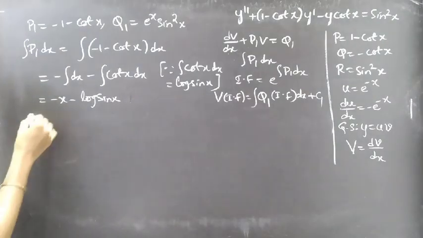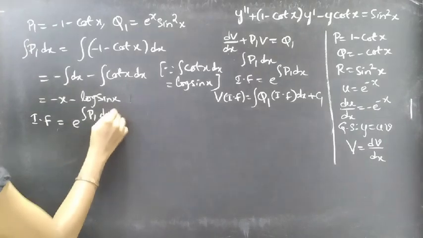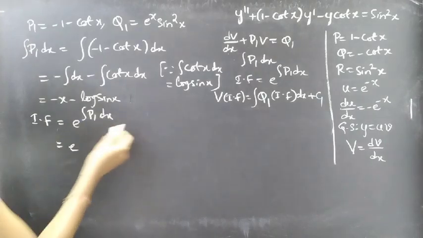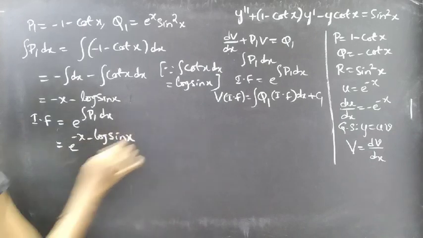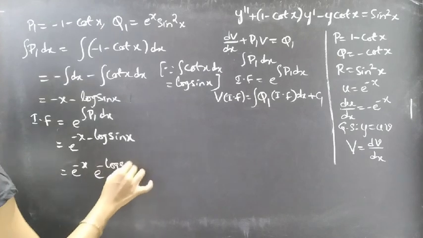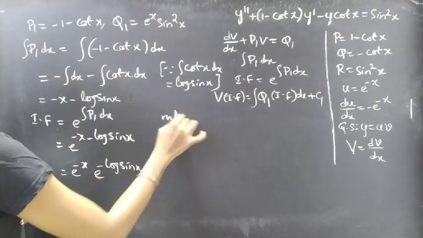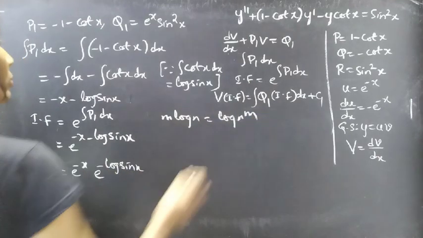Let's now find the integrating factor, which is given by e power integral p1 dx. This equals e power minus x minus log sin x, and we can write this as e power minus x into e power minus log sin x. We know that m log n can be written as log n power m, right?